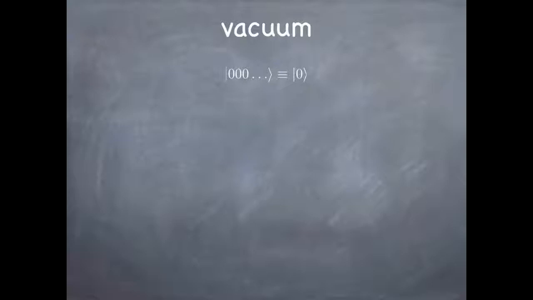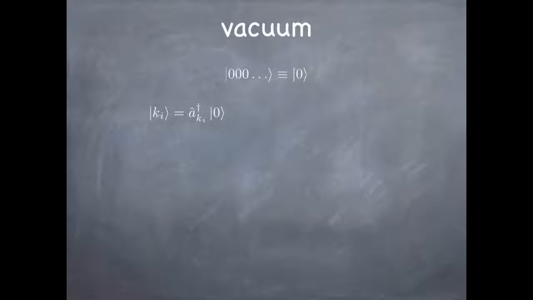Notice that's different than the null ket. That is a real ket. It's just a ket with no particles in any of the states. And then you can think of a ket with a single particle in a particular momentum state as what you get when you apply a creation operator associated with that momentum to the vacuum.